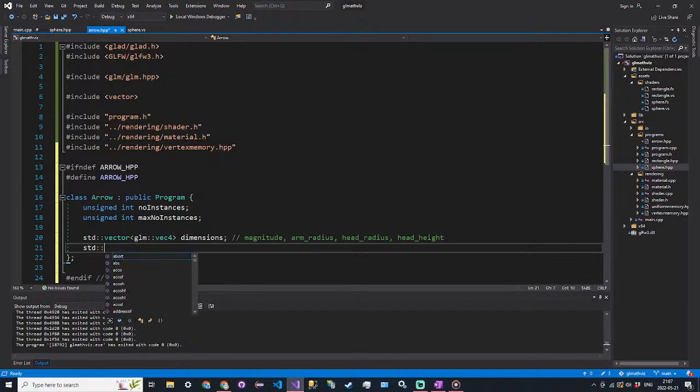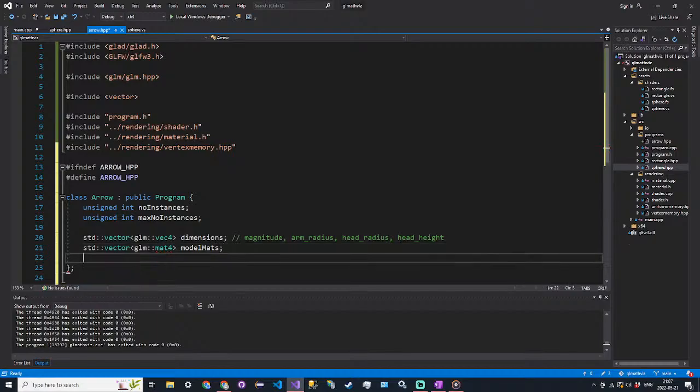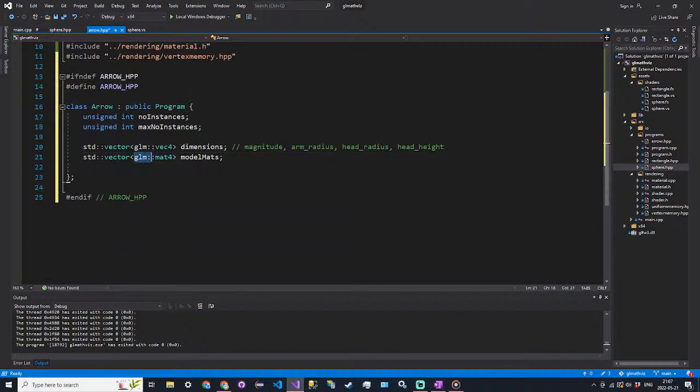And then we're going to have a standard list of glm vec4, never mind, actually, not vec4 just yet. We're going to have a 4D matrix, which are going to be the model matrices. So these are going to be the list of model matrices, and we're going to see how we pass these in through the VBO. And then we're also going to want something called a normal matrix.